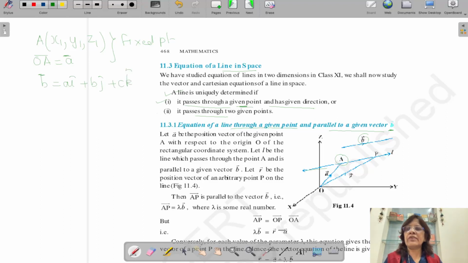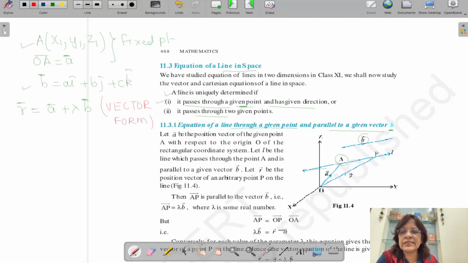We have to show that the equation of the line passing through the fixed point with position vector A and parallel to vector B is given by r equal to a plus lambda times b. This is the vector form of the line. You have to remember this, most questions will be based on it.